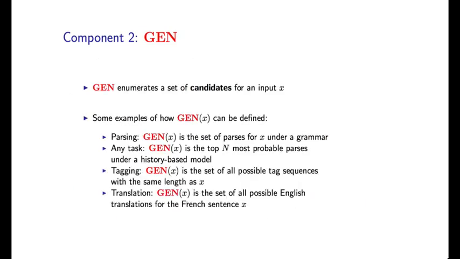So there are a number of different ways of defining gen. Here are a few. So for parsing, we could define gen x to be the set of all possible parses for x under a grammar, for example, a context-free grammar.